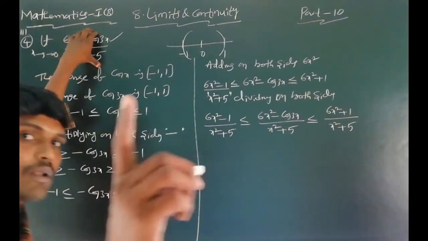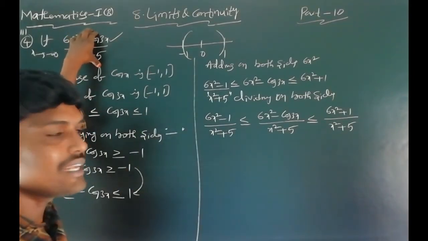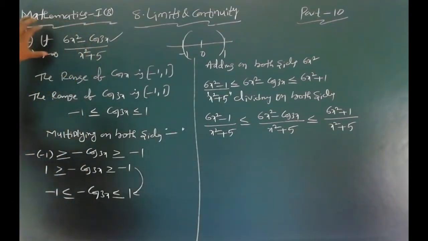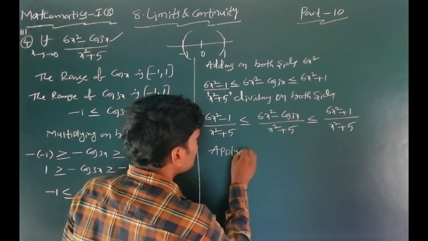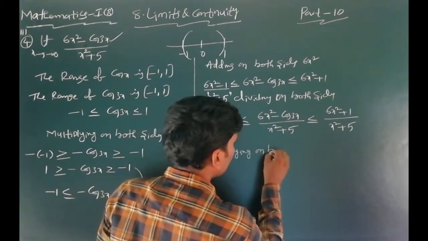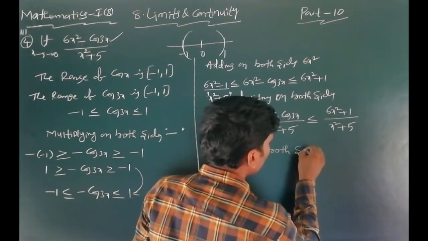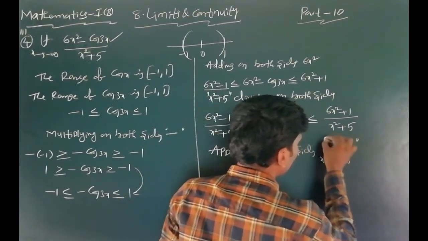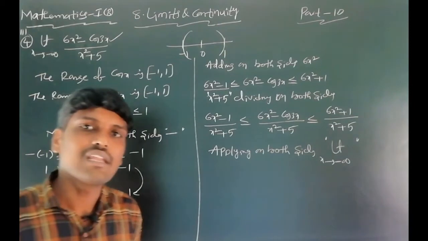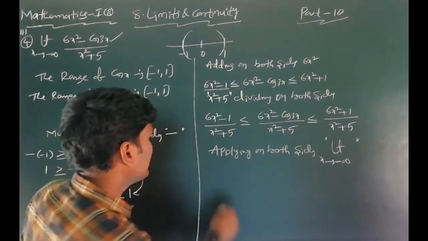But the limit is not there yet. What is the limit here? The limit is x tends to infinity. We apply it on both sides, limit x tends to minus infinity.